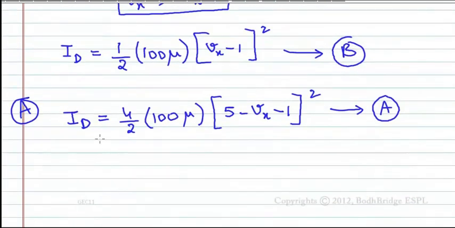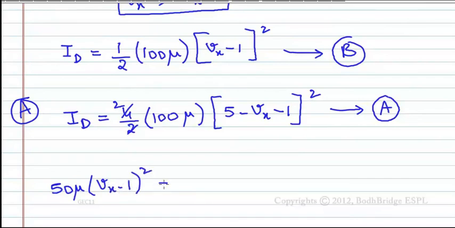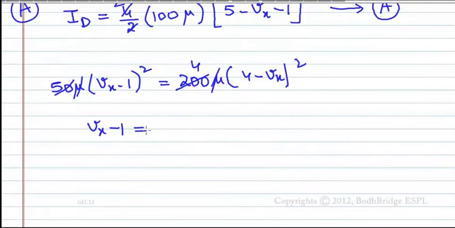Now equating both, what do we have? 50 mu into Vx minus 1 whole square equals 200 mu into 4 minus Vx whole square. Therefore, Vx minus 1 equals 2 times 4 minus Vx.